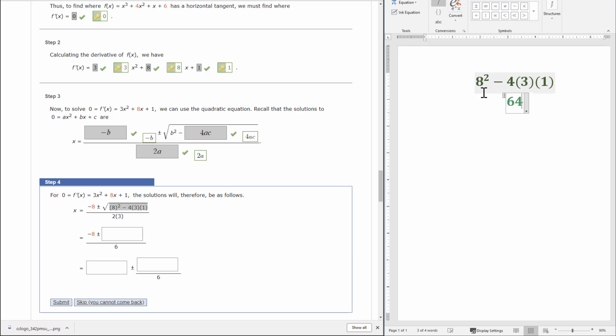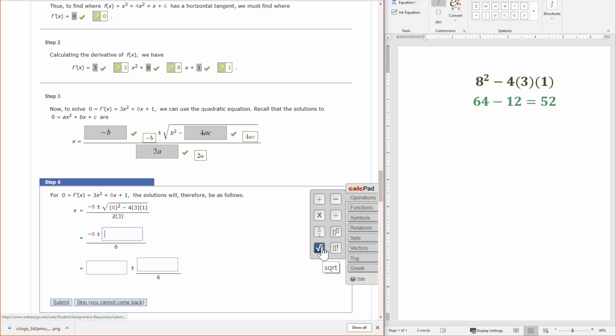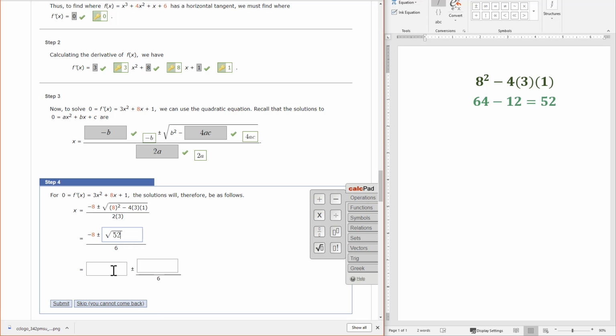That's equal to 64 minus 12. 4 times 3 is 12, and 64 minus 12 is 52. So the square root of 52 is not a perfect square, so we're just going to leave it at that. I suppose we can take a 4 out and have the square root of 13 there, but we'll just leave it like that for now.